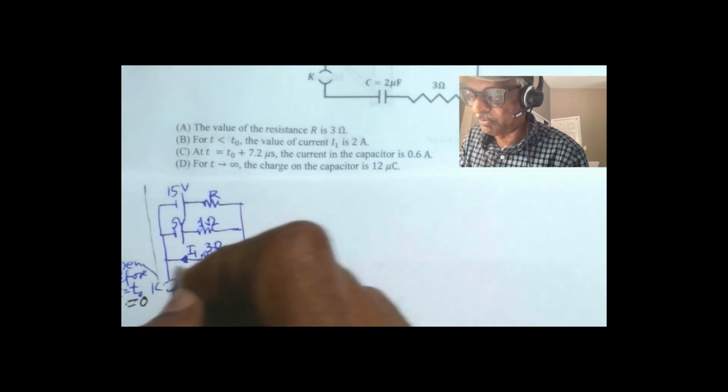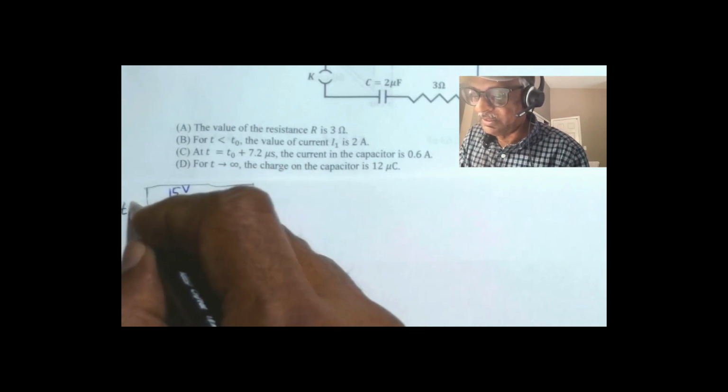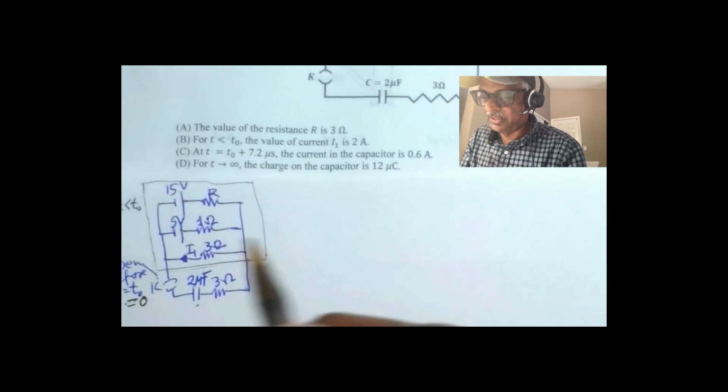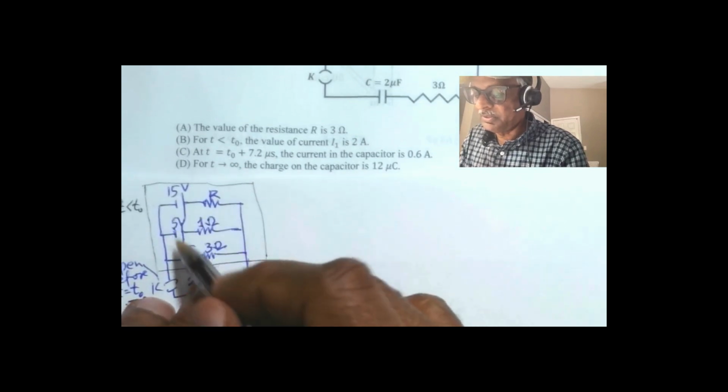So you can see this branch is not even connected to that, so we can just look at this circuit by itself. So this is like t less than t0, and this is just a regular resistive circuit, right?